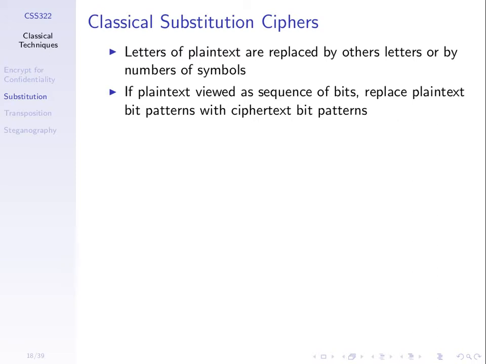We can convert any character set into binary if we want to. Okay? For example, if we have English characters and some punctuation marks, we can use ASCII encoding to convert those characters to binary and operate on binary if needed. The examples we'll use are all using English alphabet.